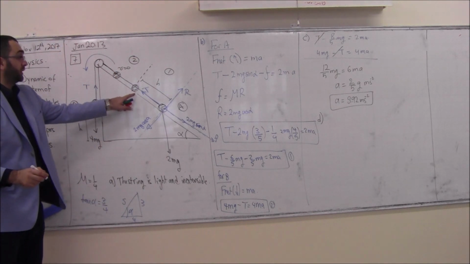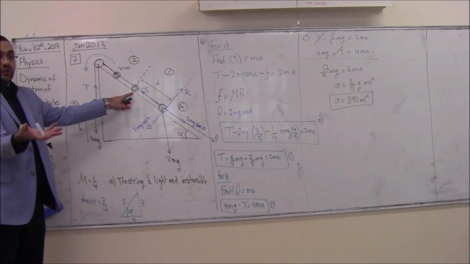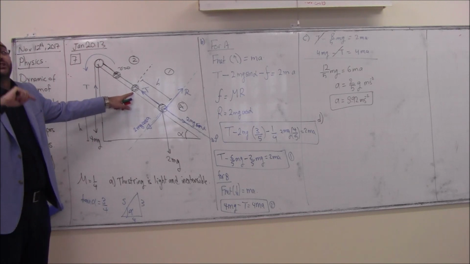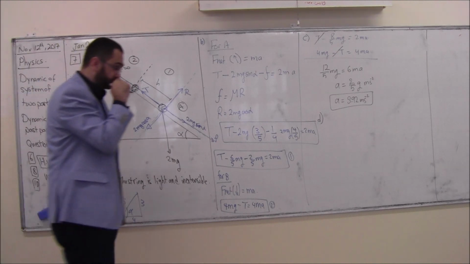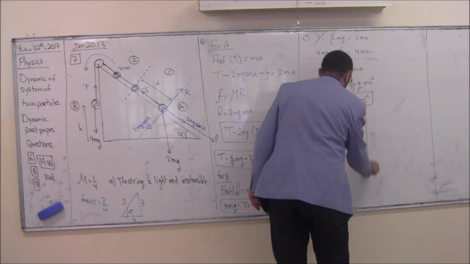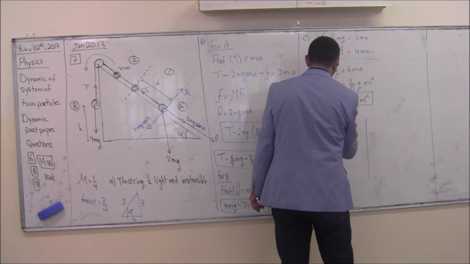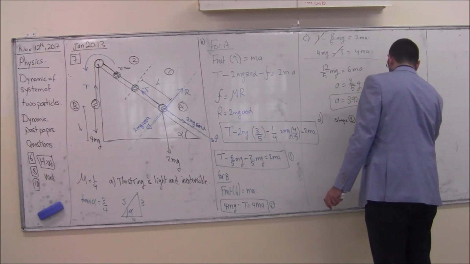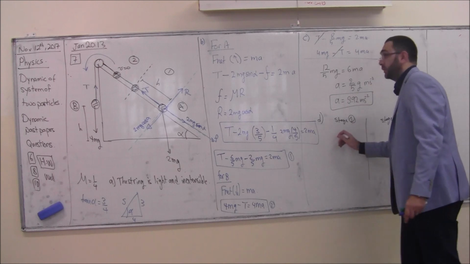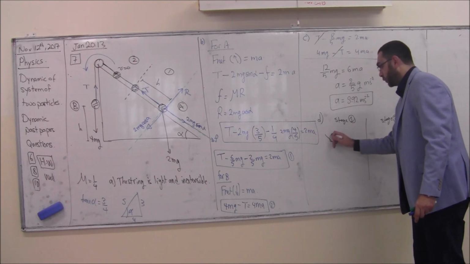After this point there is no tension, so we have to calculate a new acceleration. So here I have to divide the motion into 2 stages. Stage 1, look here please guys. What do we have?